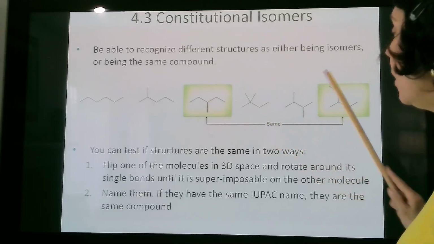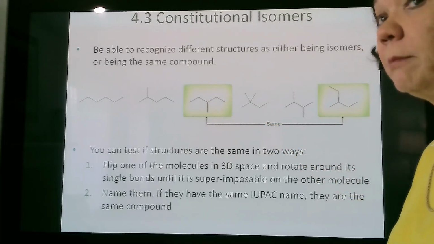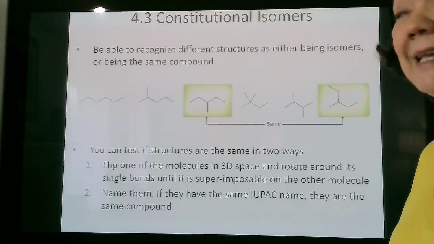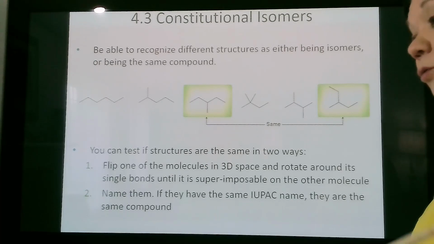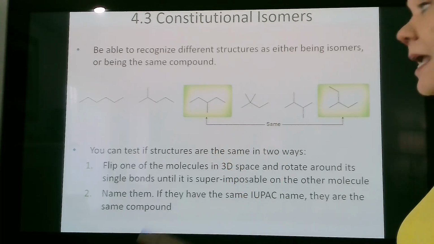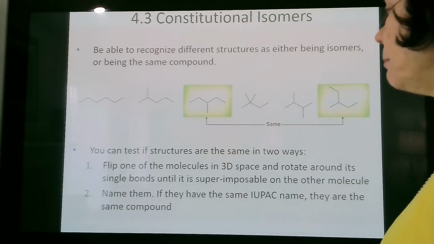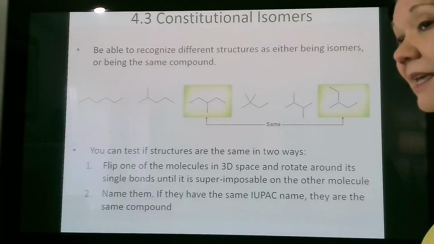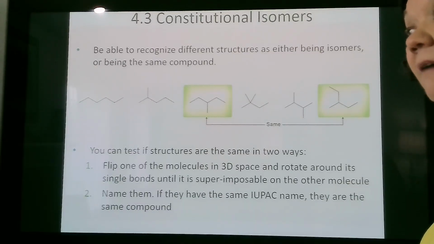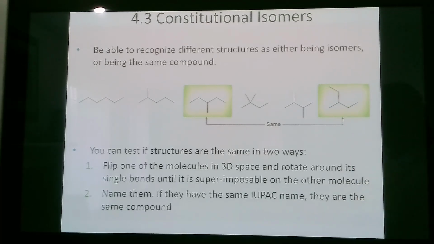So these two are the same. I urge you to make your molecular models. If you don't see this easily, make your molecular models and rotate the ends around the carbon-carbon bond and look at them. If you can't see it, then you can actually name them. If they have the same name, then they're the same compound.